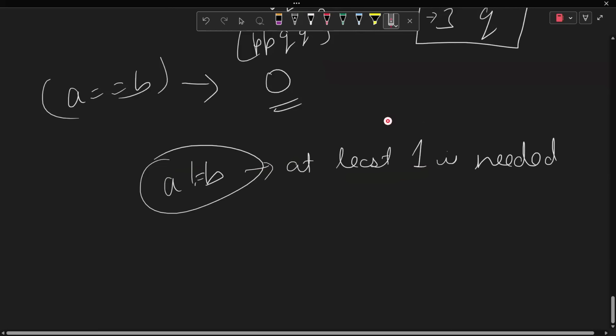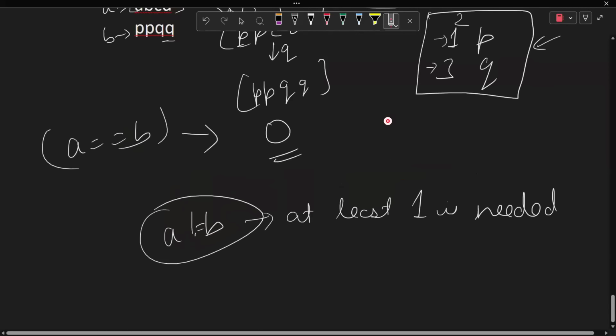Now, one thing you can observe: if you need to transform some string A into string B using these transformations, you use some series of transformations.